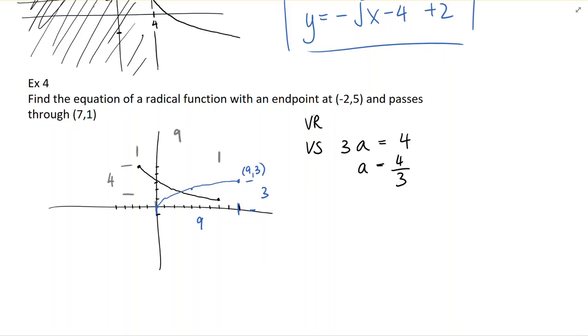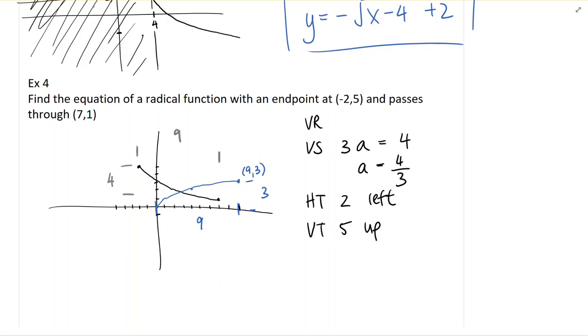Now that I've done my stretches and reflections, I can finally translate it. From that (0, 0) point, I have horizontally translated 2 to the left, and then afterwards I have moved, let's see, what is that? 5 up. There we go.